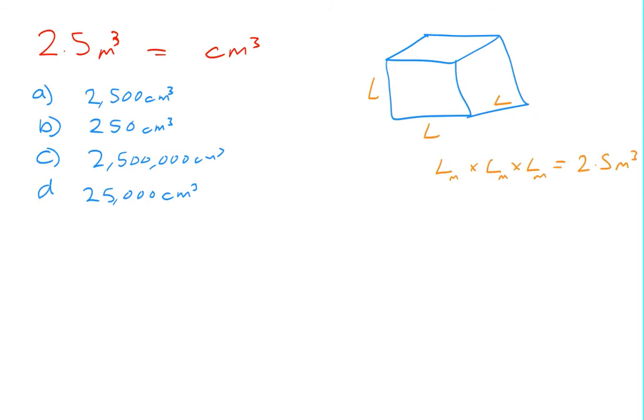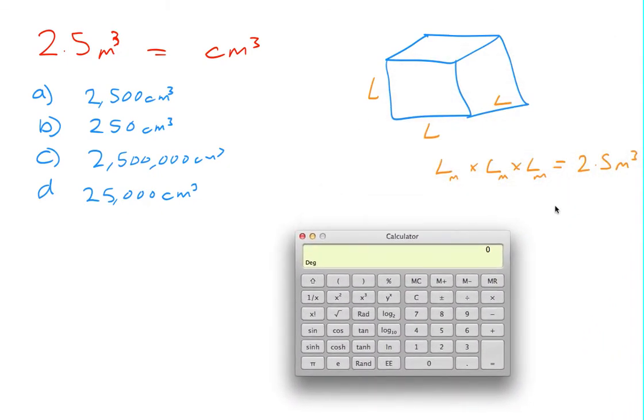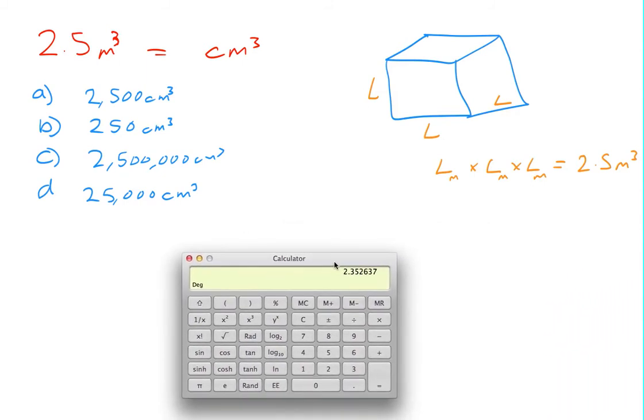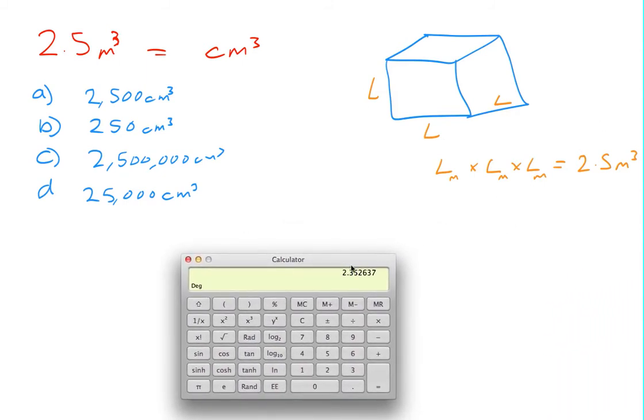If I wanted to multiply 3 numbers together to get approximately 2.5, let's just say 1.33 multiplied by 1.33 multiplied by 1.33. Now this is just an estimate, so that's obviously not exactly 2.5, but for the purpose of this it doesn't matter. So we're going to use the value 1.33 as each of the lengths.